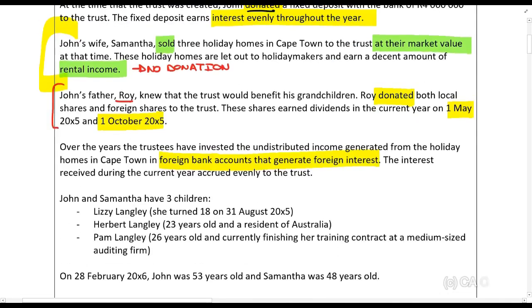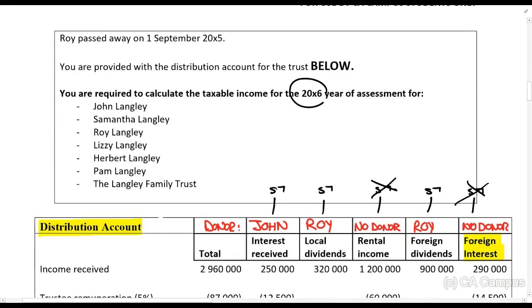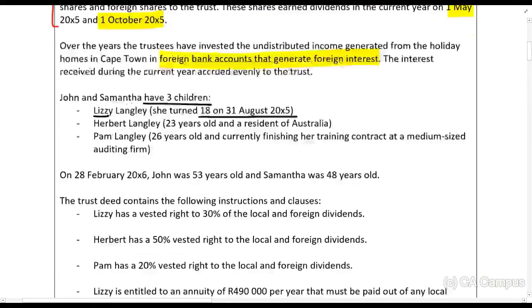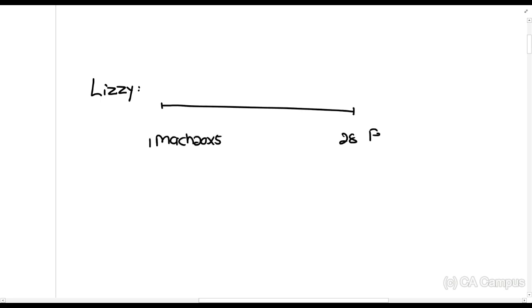Okay, then they tell us, John and Samantha have 3 children, Lizzie, who turned 18 on the 31st of August 20x5. Now in this case, the question asks us to do it for the 20x6 year. So this is for Lizzie. The tax year runs from 1 March 20x5 to 28 Feb 20x6.